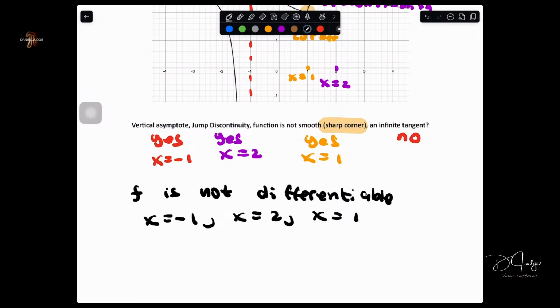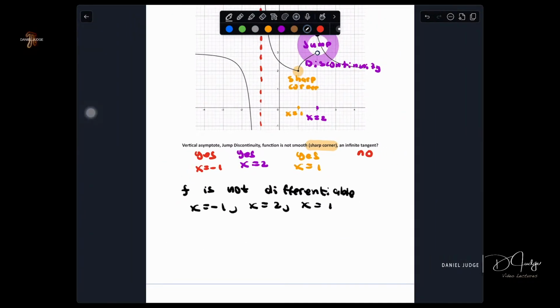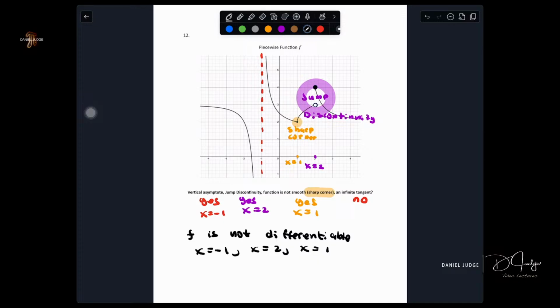It's not differentiable for these values of x. So take a good look at this. It has 3 out of 4 of the problems that we're looking for, and that's that. I don't think I'm going to write the interval notation for it, but there are 3 locations where it's not differentiable. All right. Hope you enjoyed the demonstration.